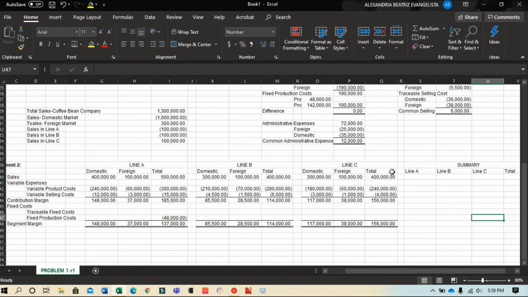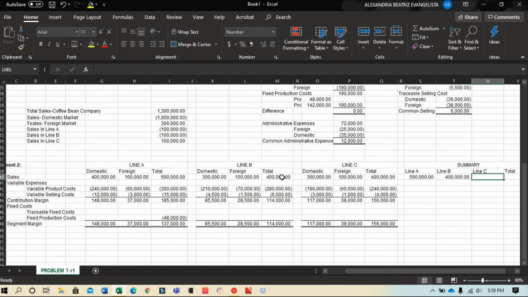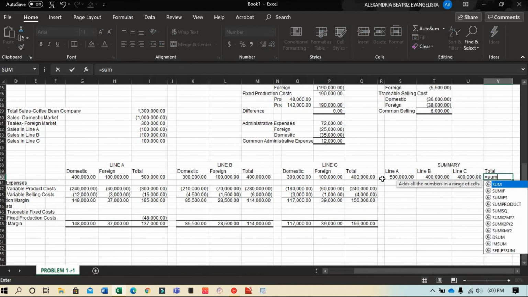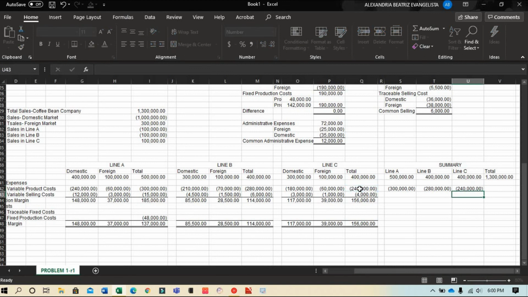So now let's complete the summary report. It was 500 and this is 400. Line C, it is 400. I'm going to get 300, 240 and 40, total of 820, which is the same in the first one as well.